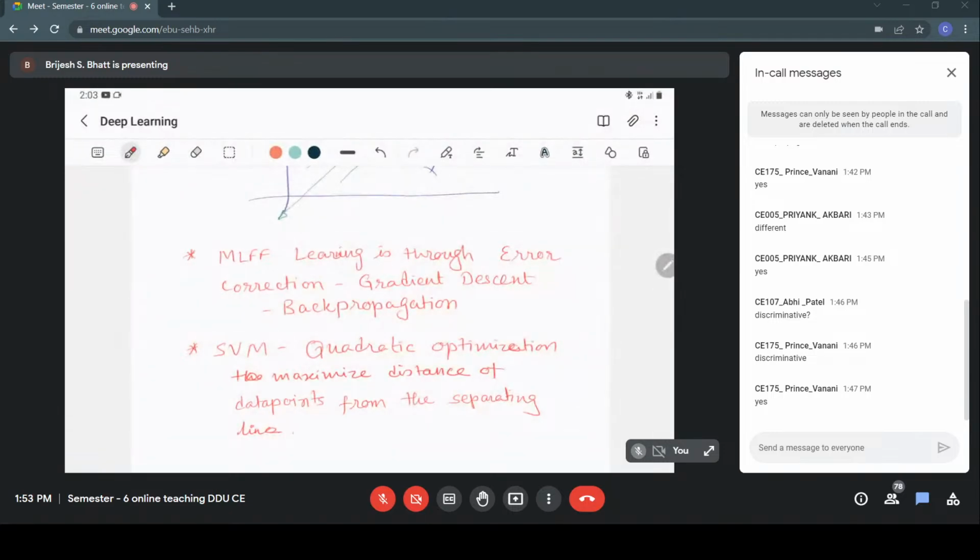So it maximizes the distance of data points from the separating line. So this is the differentiating factor, but otherwise they are interchangeable techniques.